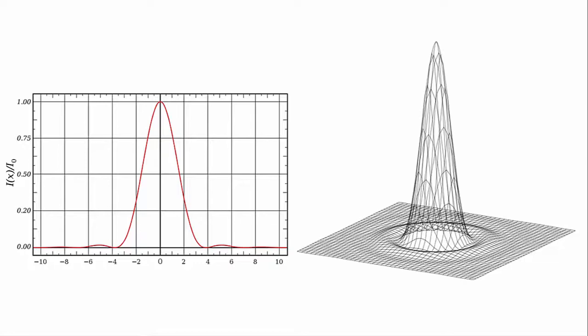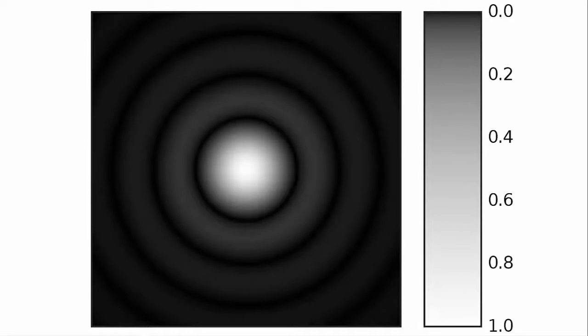And then the right shows more of a three-dimensional pattern that you can produce with a graph. This is just something that's a little simpler to look at. This is what's called an Airy disc, A-I-R-Y. We call that a circular diffraction pattern.